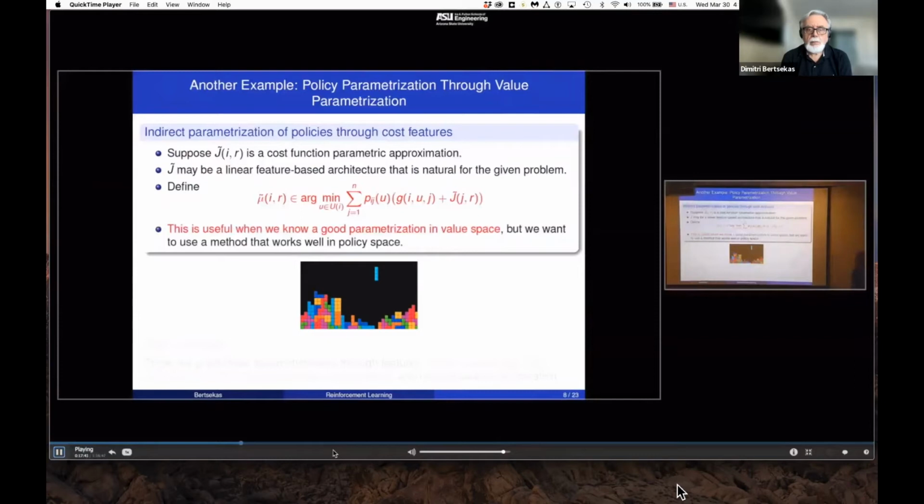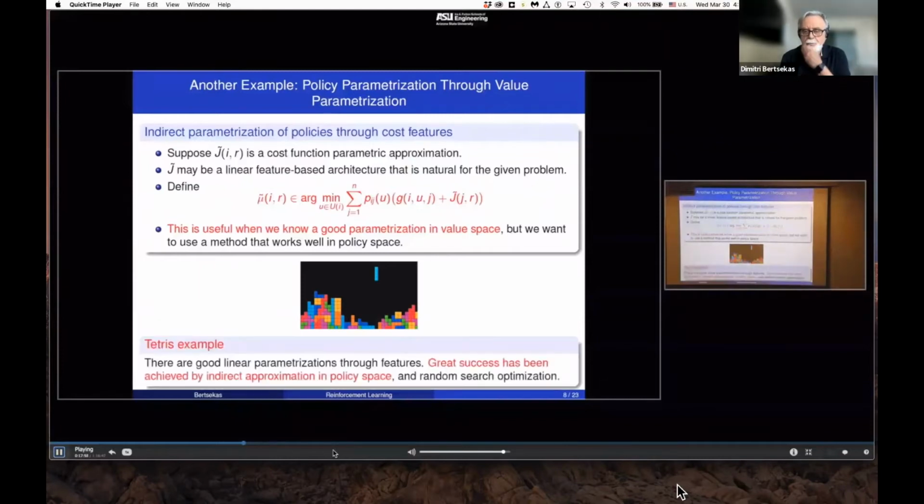Now, when is this useful? If you know a good parameterization in value space, but you want to use a method that works well in policy space. Okay? And here's an example that I have had some personal experience with. Tetris, okay? It's a good test bed for challenging quite a few methods. Now, in Tetris, we've seen this example before.